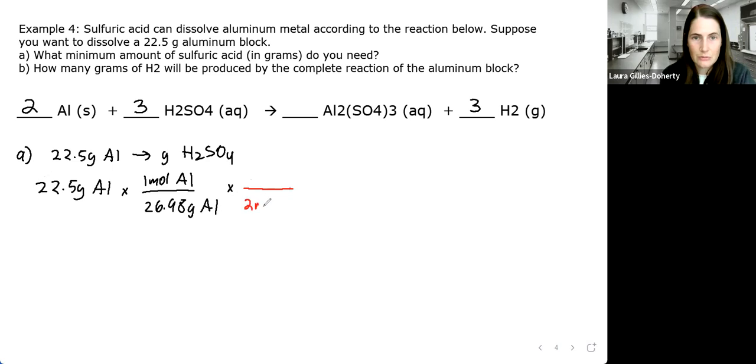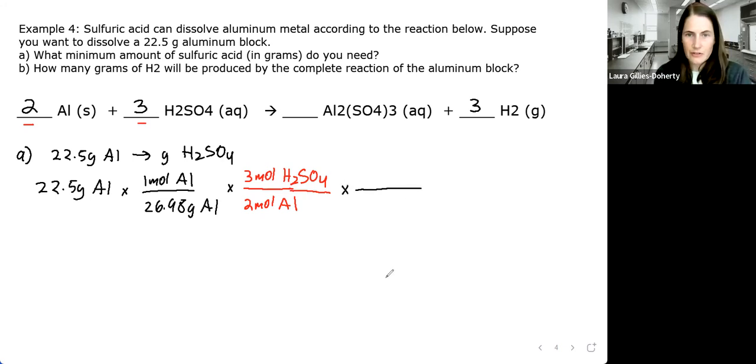So for every 2 moles of aluminum that react, from that 2 there, it's going to react with 3 moles of sulfuric acid. Again, from our balanced chemical equation. And it wants grams of sulfuric acid, so we need the molar mass of sulfuric acid.